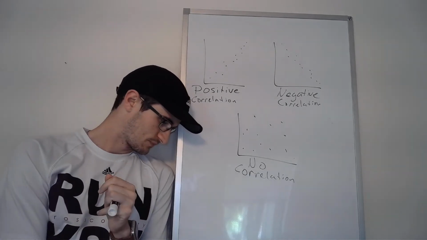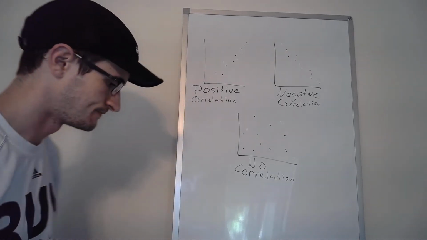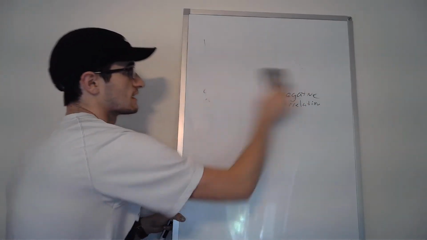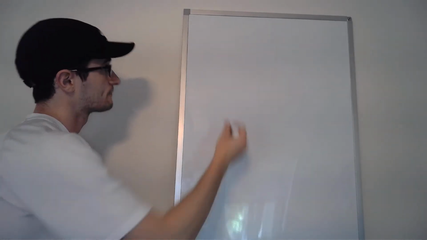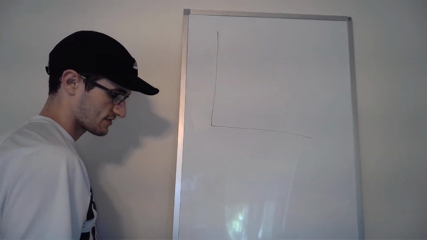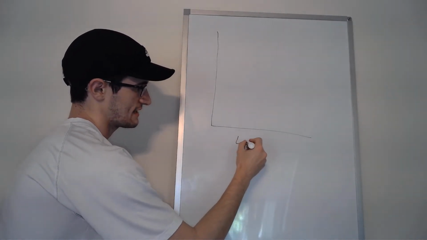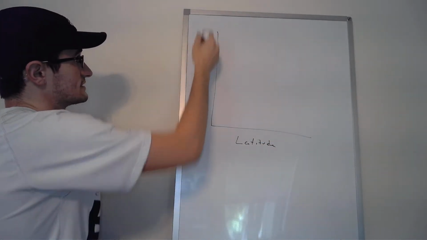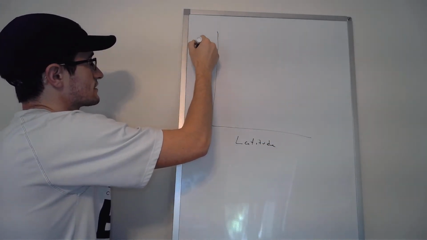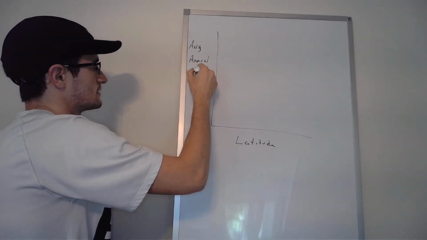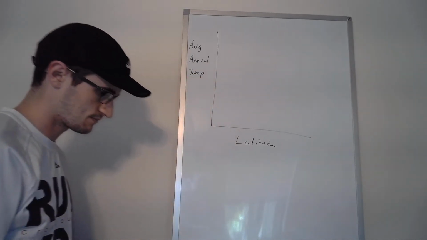Okay. I'll show you example 1 here to show you what a problem will look like. I'm just going to draw the graph. I'm not going to draw the whole table and list it all out. Now down here is latitude, and then across the side here is average annual temperature.